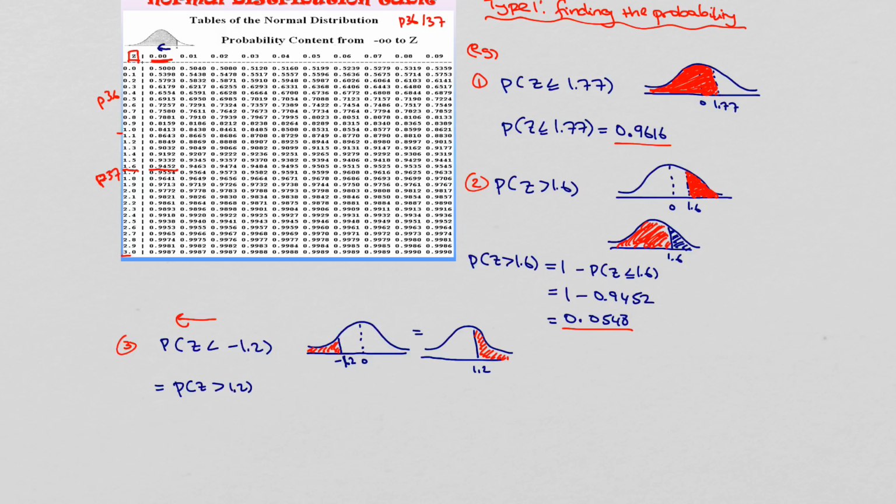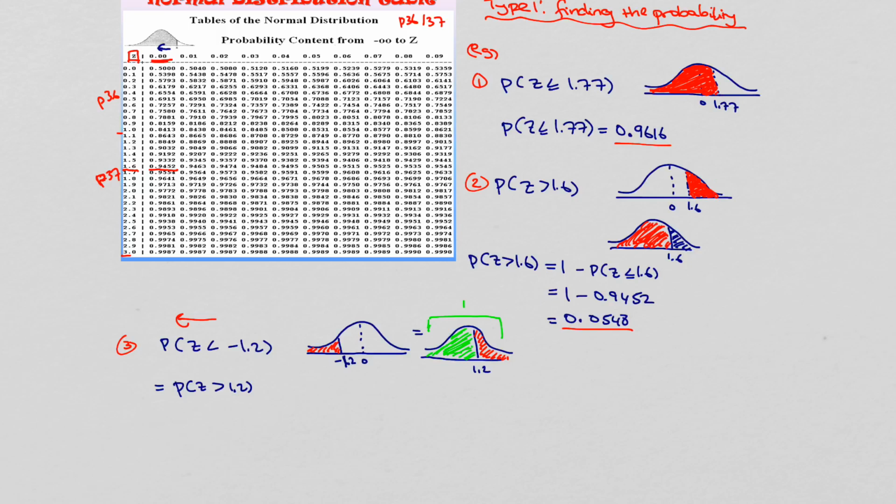But of course, we can't find greater than. So this is like the previous one there in 2. Well, it's the same as saying 1 minus. So again, if I look at the graph, if I get less than 1.2, I get all of this green area. And the green and the red together make a total of 1.